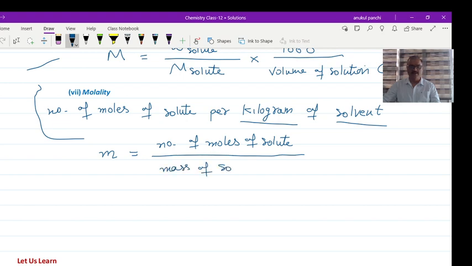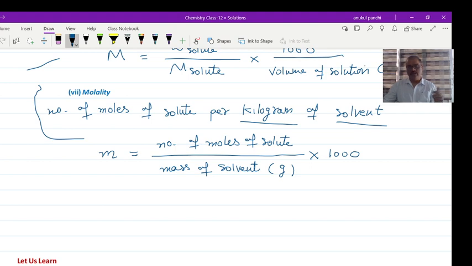And again, in our calculations, mass is mostly in grams and a kilogram has 1000 grams. So we have to multiply by 1000 to satisfy the definition which says number of moles per kilogram.